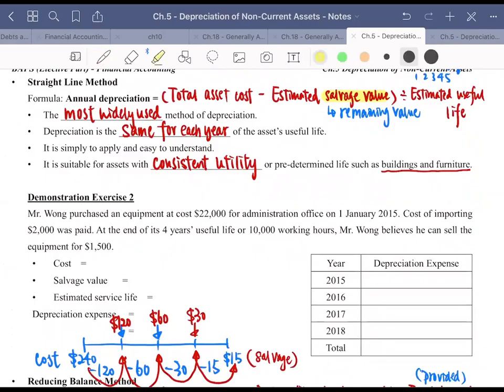Mr. Wong purchased an equipment, costing $22,000, for the administration office on January the 1st, 2015, and the cost of importing is $2,000. This cost of importing is the transportation cost.